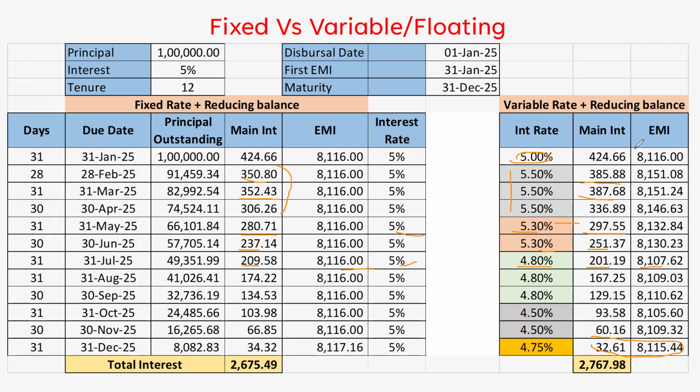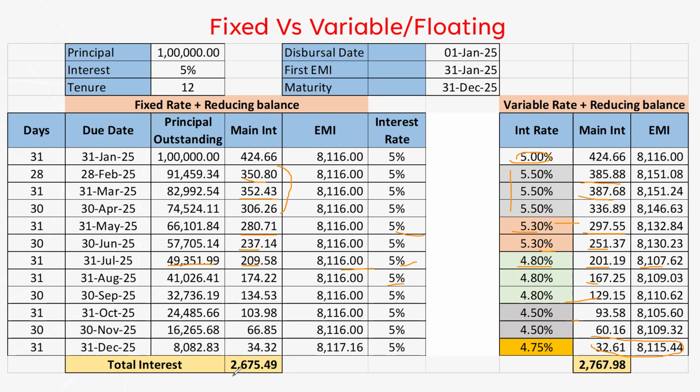In both cases, the customer is paying the same principal amount, so the outstanding principal at this point is the same. On this outstanding principal, the interest is 209 for 5% and 201 for 4.8%. Then next month, again, here the same rate is applied, while here the rate is reduced, so he is paying less interest. And in the last three schedules, again the rates are very low, so the customer is paying very little interest.